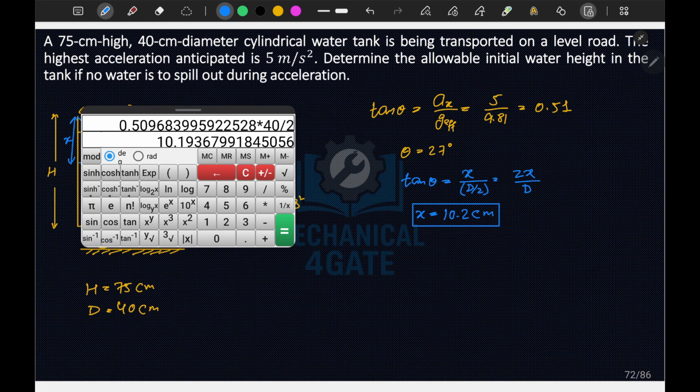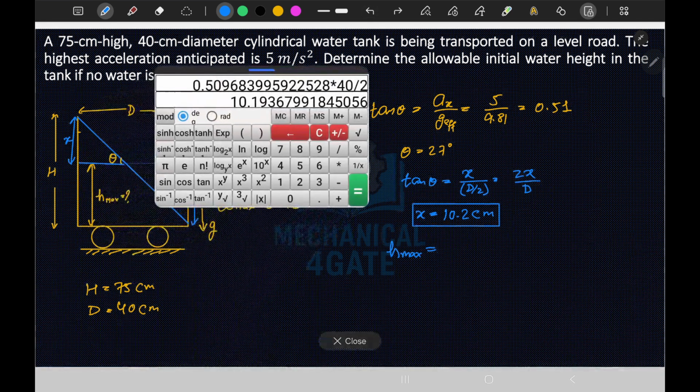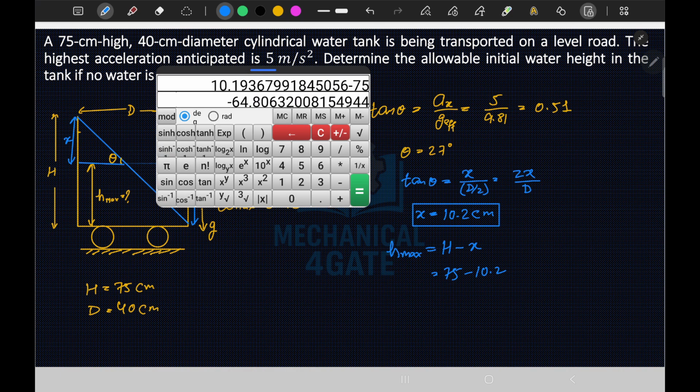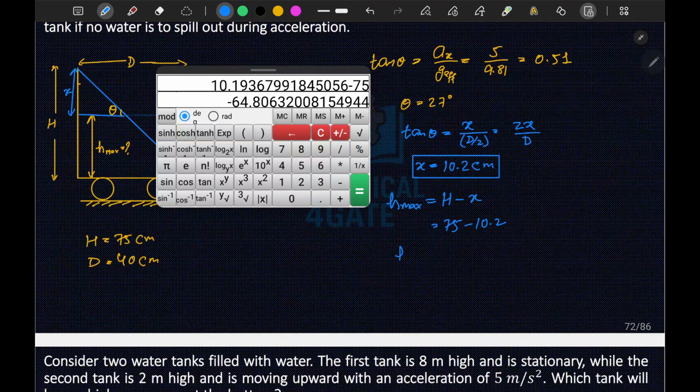Now if I want to calculate your h max, I can write h max as capital H minus x. Capital H is 75, so 75 minus 10.2. If I solve this, h max is equal to 64.8 centimeter.